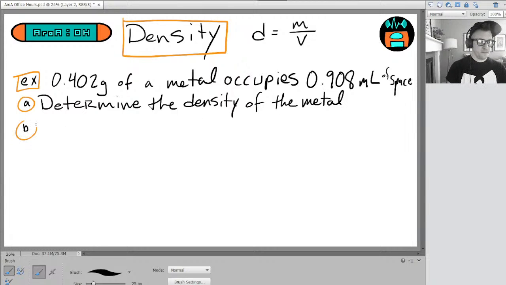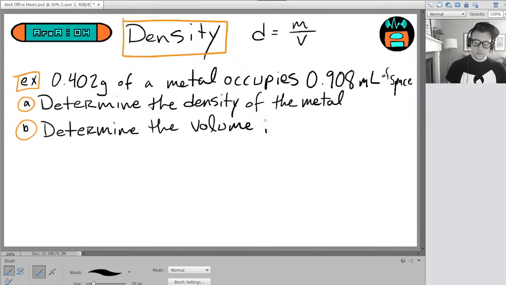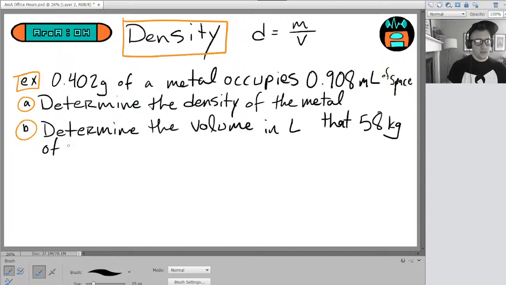Part B, determine the volume in liters that 58 kilograms of this metal would occupy.